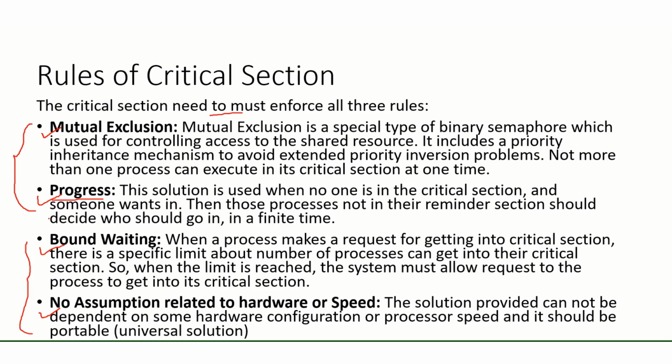But if P1 is using the critical section an infinite number of times and P2 is getting a chance only once, then it is not valid. It is a kind of starvation. So there has to be a bounded wait, that is a specific limit. After the limit is reached, the system must allow the other process to enter the critical section.